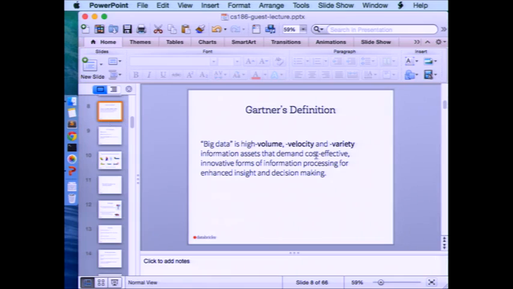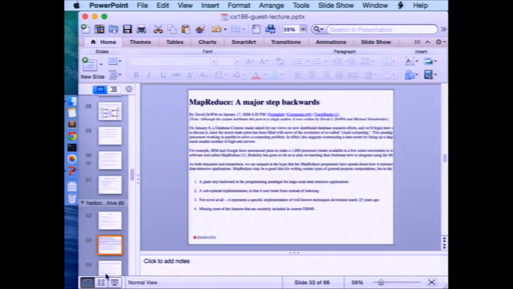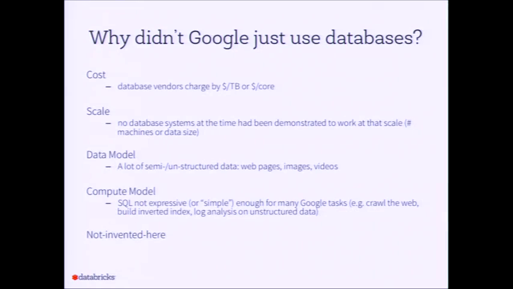So there's a cost factor here. It's about economics. Back then, even now, the way database vendors charge is by some data size per dollar, or sometimes by the number of cores you're using in your system.